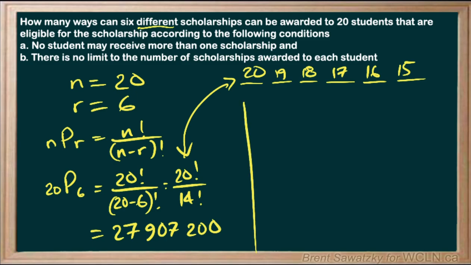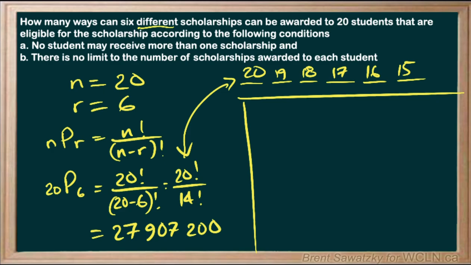If we are allowed to have a student winning more than 1 scholarship, then we should have more options, because we have all these existing options plus the additional ones where maybe student A got scholarship 1 and 2, or 1 and 2 and 3. So we expect a bigger number for part B.